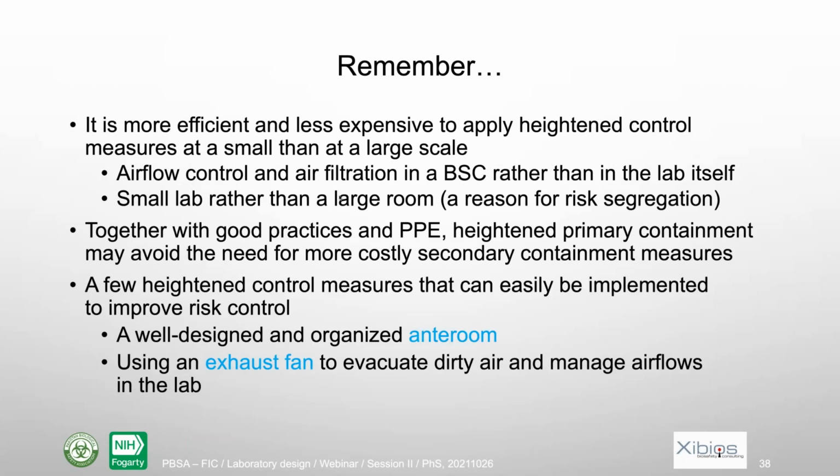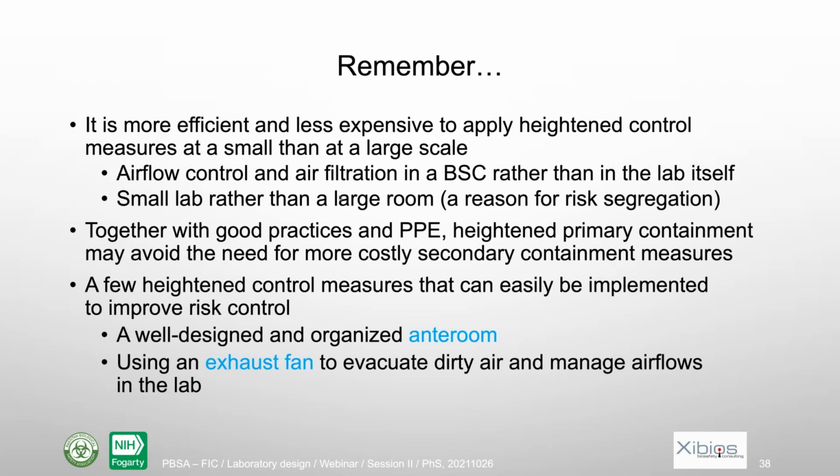And then last, I think that there are 2 high control measures that are worth thinking about, that can easily be implemented to improve risk control. The first one is to use a well-designed and organized anteroom. And this is something that, at least for new labs, is quite easy to manage, and it will bring quite a lot of advantage. And this does not cost much more. I mean, it's an additional door and a few other things, but it's not something which is expensive or fancy to maintain.